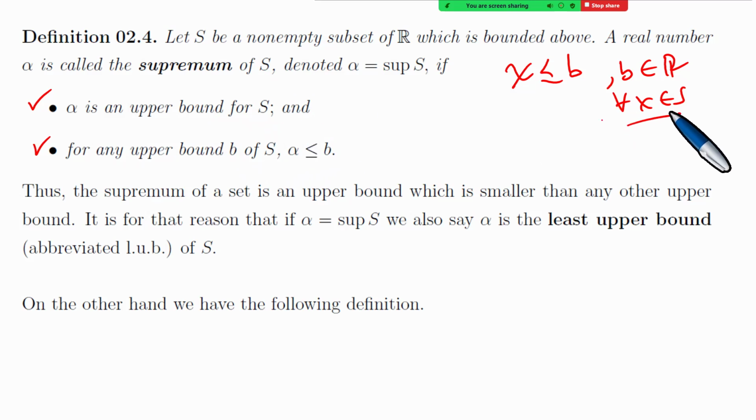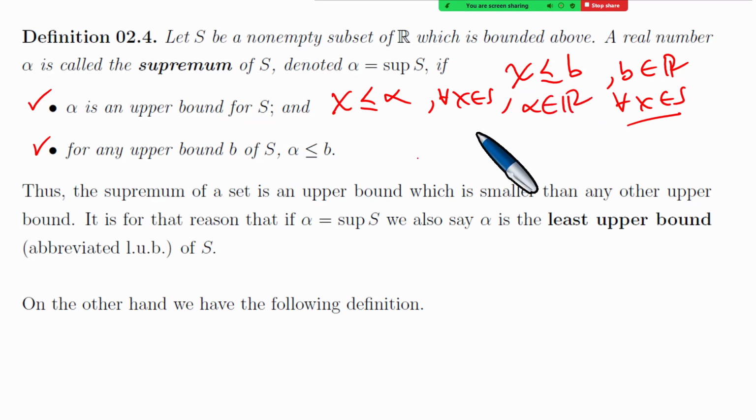So you take everything in S, and alpha is an upper bound for S, such that for all the x's in S, alpha itself is a real number. And for any upper bound B of S, there can be other upper bounds.